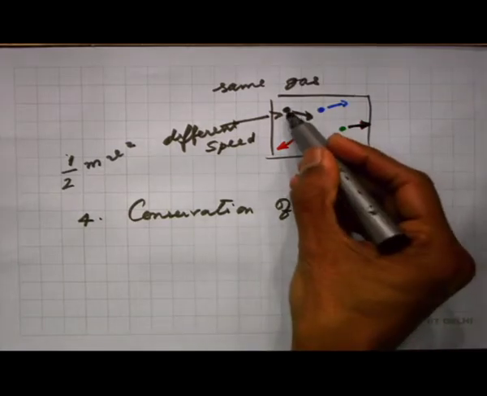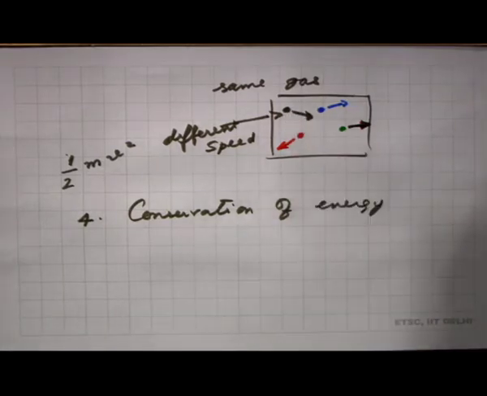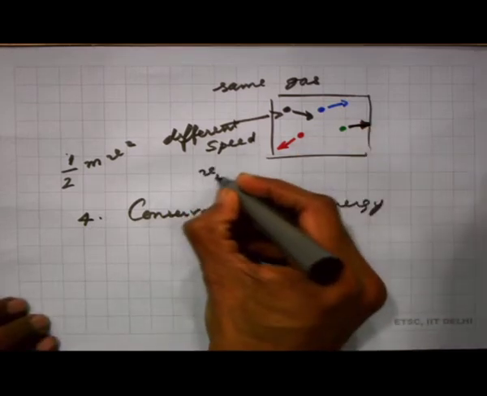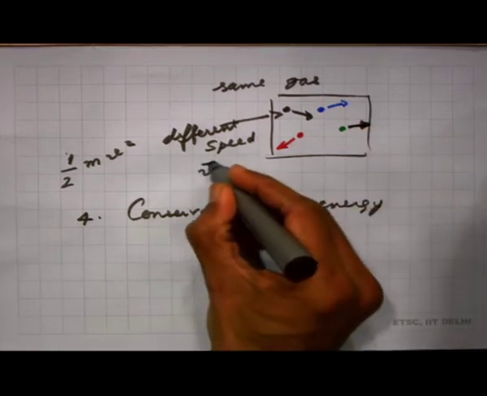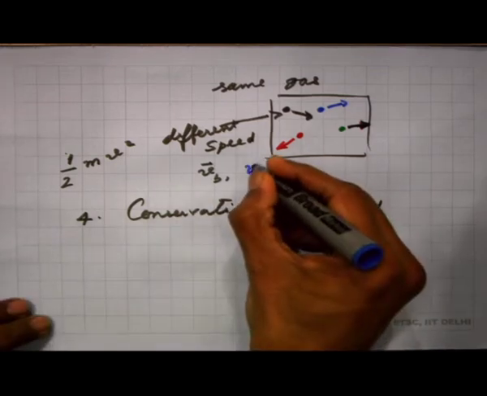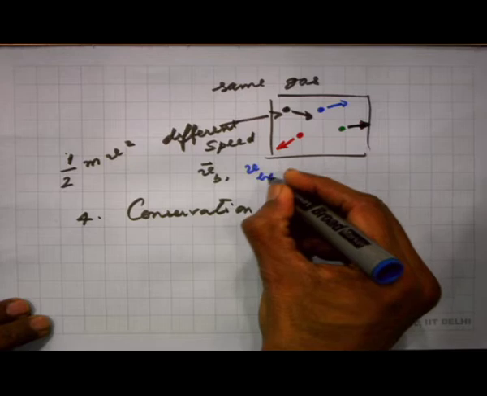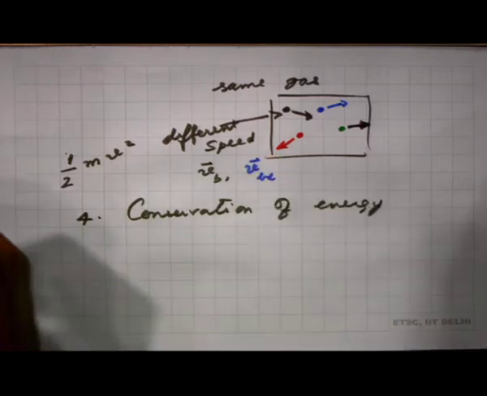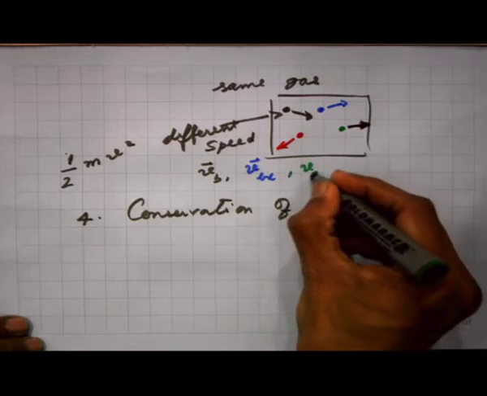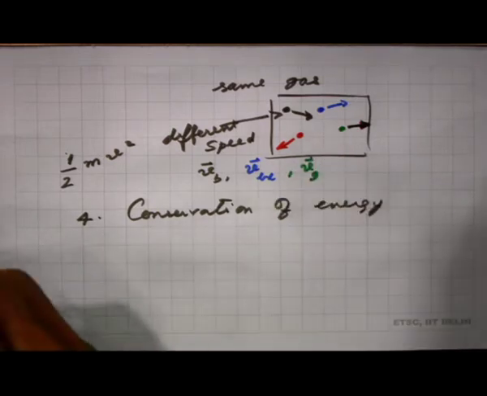So, each of these velocities are different. So, call them v black, v blue, v green, and v red.